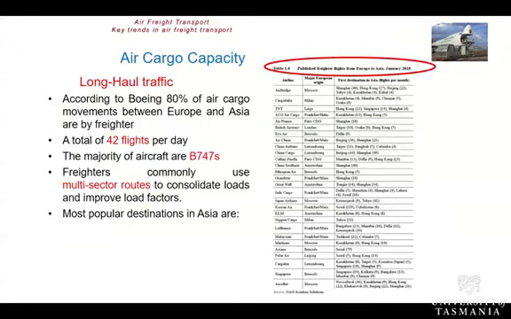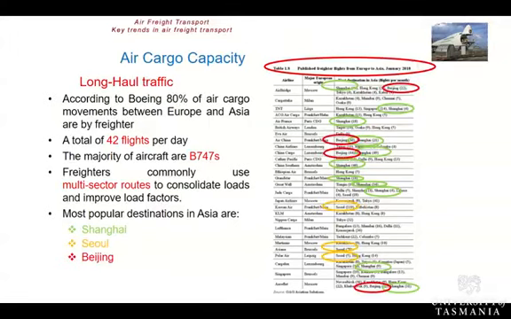The most popular destinations in Asia are Shanghai, Seoul, Beijing, and Hong Kong. So that just gives you a sense of the level of intensity of air cargo movements into Asia.